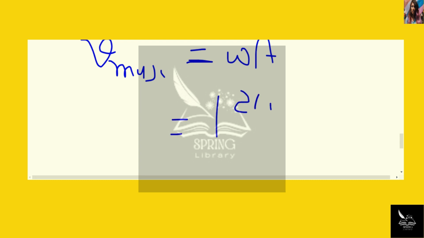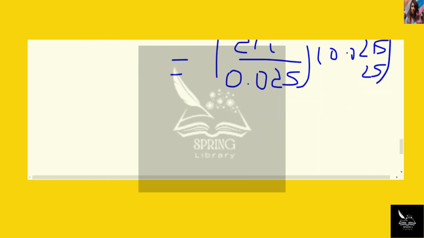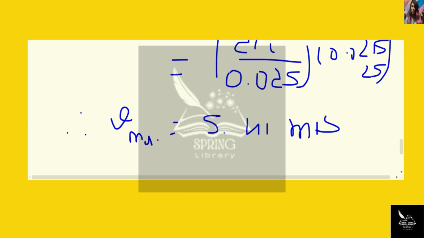So omega is 2 pi, T is 0.025 in our case, and A is 0.021525. So the answer will be 5.41 meter per second, which is my v max.